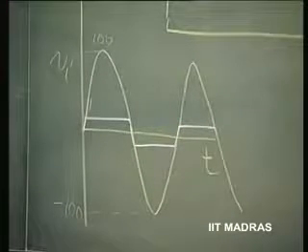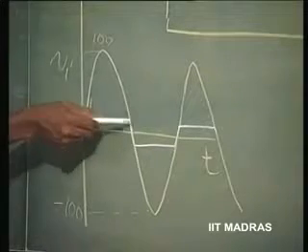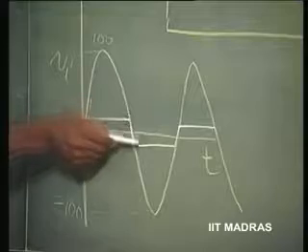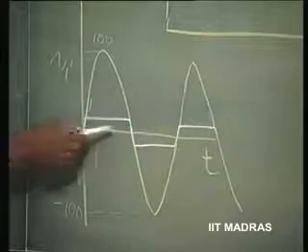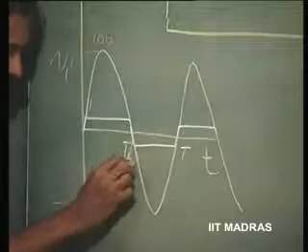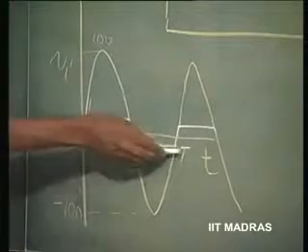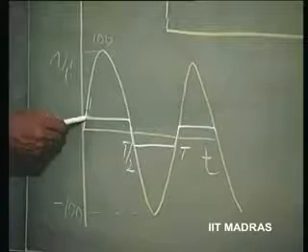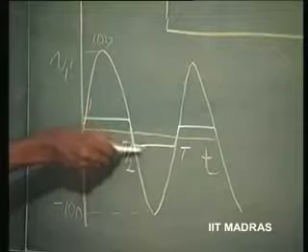I would like you to really find out the points at which this chopping off portion starts in terms of time. If this is T, this is T by 2, the time period. In terms of the time period, please find out at what point this chopping off portion will start.